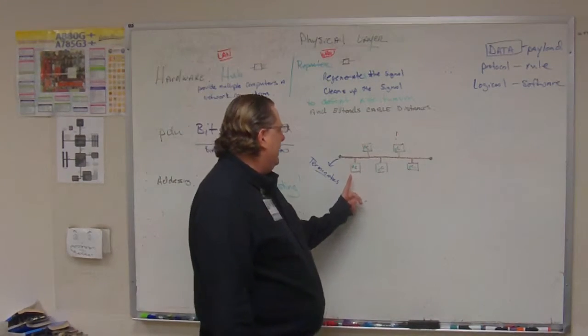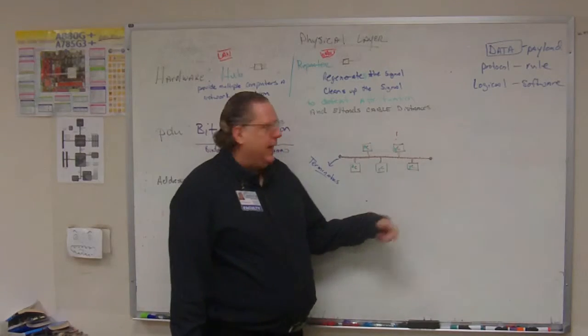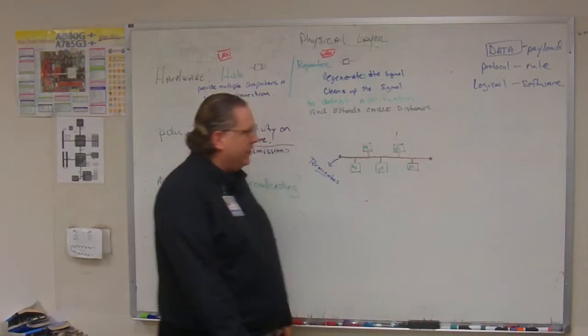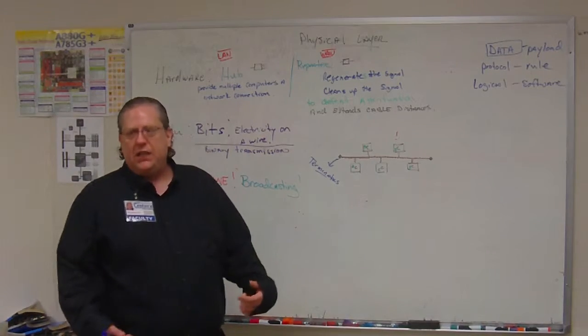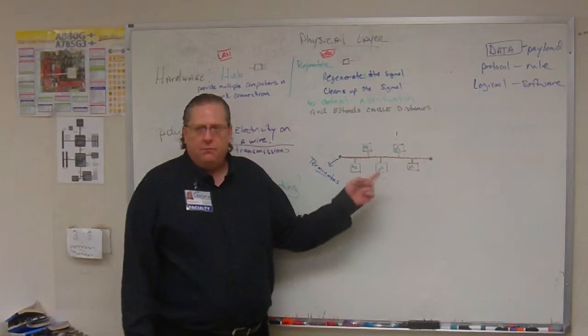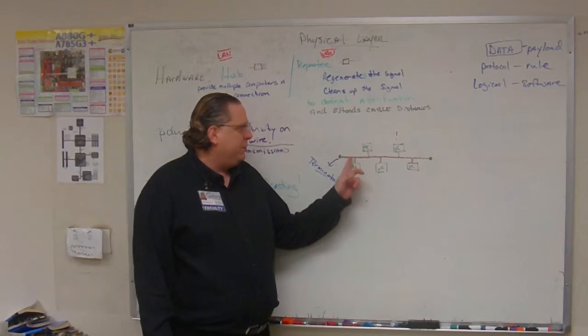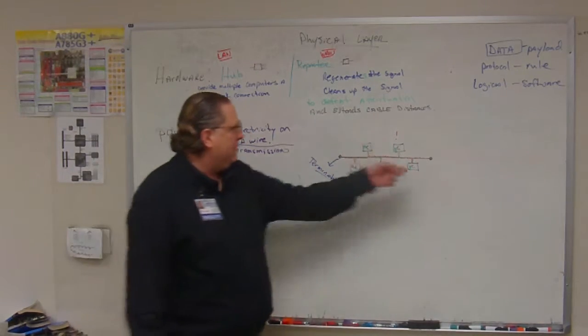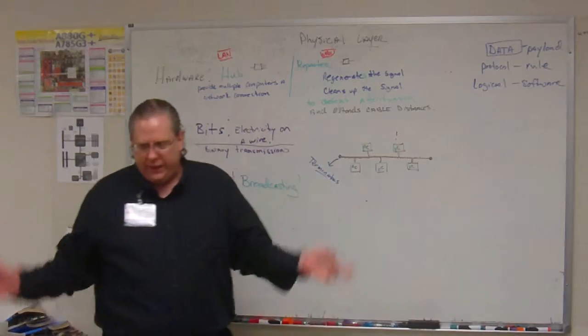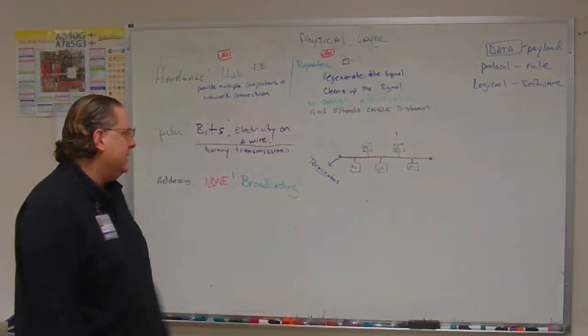So here I've got 5 computers on a bus, and we have some caps on the ends of it, and these are called terminators. Termination of a bus cable means that when information gets put out on the wire, when that information hits the end of the cable, it's stopped. It doesn't bounce up and down the cable, because then we can get a broadcast storm or a bunch of collisions.